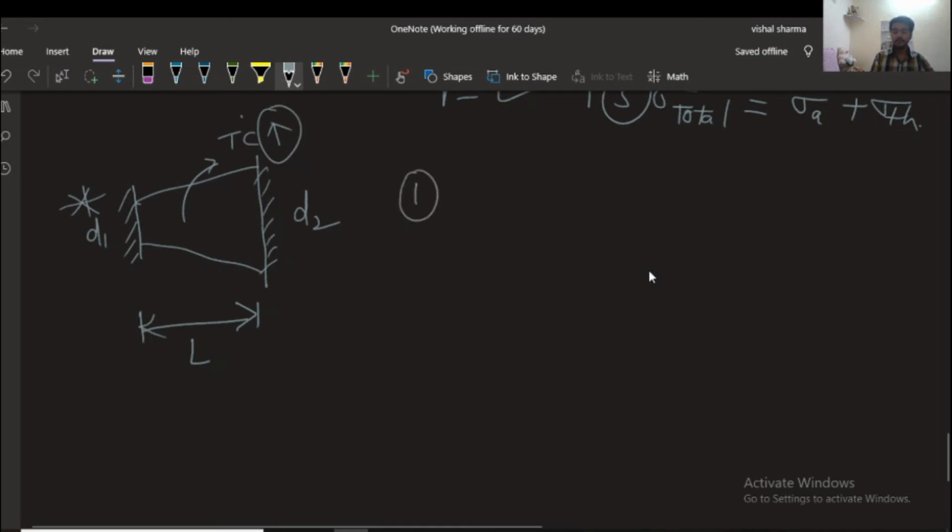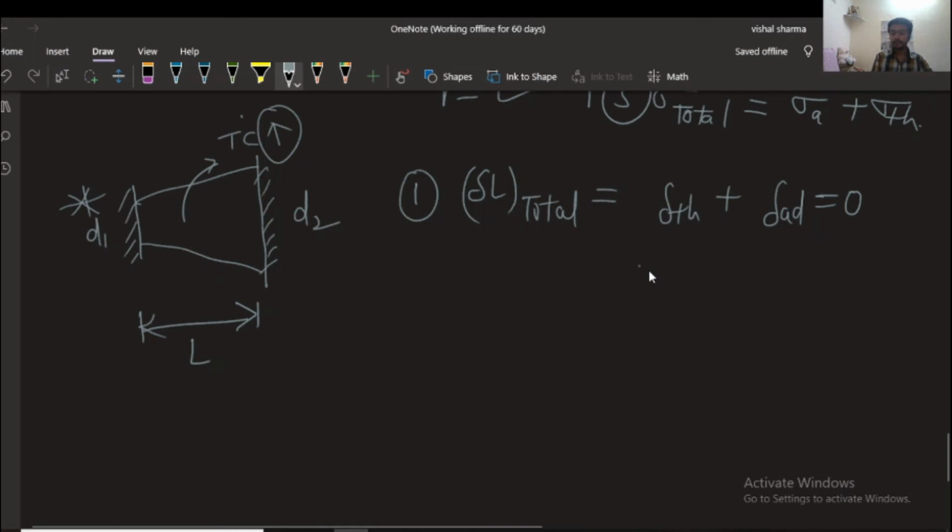So the first one, the total change in length is given by the thermal plus the direct change due to the direct or axial load, which is equal to 0. So from here we can calculate the reaction force acting at the fixed point.